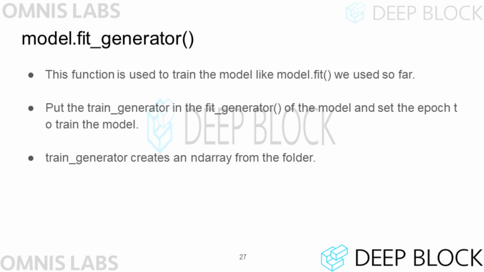When loading training data through a generator, you need to train the model with a method called fitGenerator. If you pass the generator that loads the image data from the directory as an argument, the model.fitGenerator method trains the model. If you check line 14, you can see that the model is trained 20 epochs. Then, the images in the folder are converted to ND-array little by little and input to the GPU device, and the training of the model proceeds.